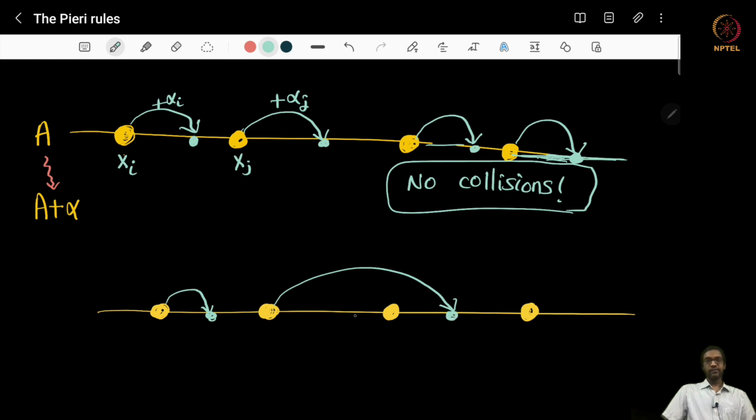If I think of my abacus as just having a single runner, so I translate this bead, I keep moving it to the right, and it somehow has to jump over this guy and get to that position. So this is an example of a case where I have a collision. In the earlier one there are no collisions. Each bead I can move nicely to the right.